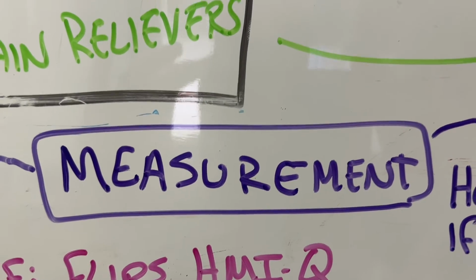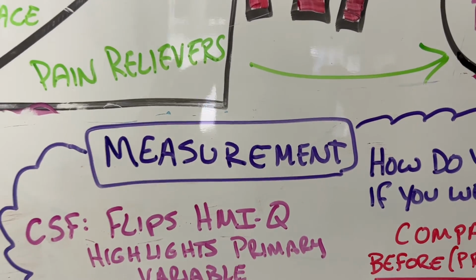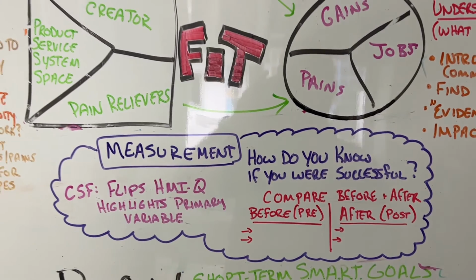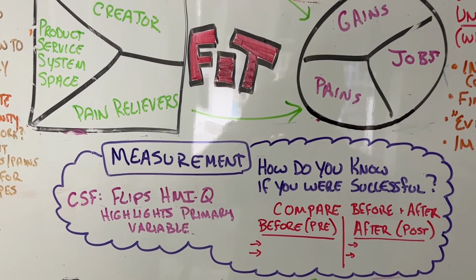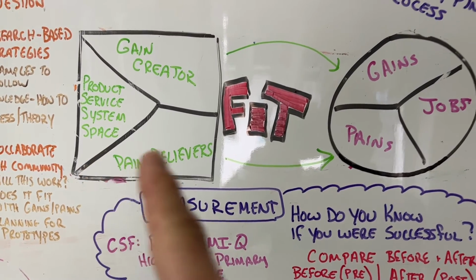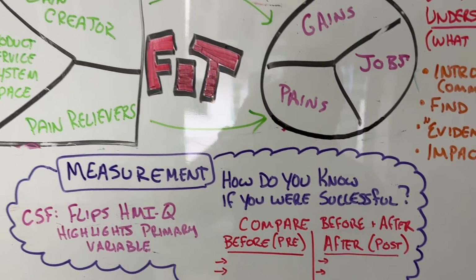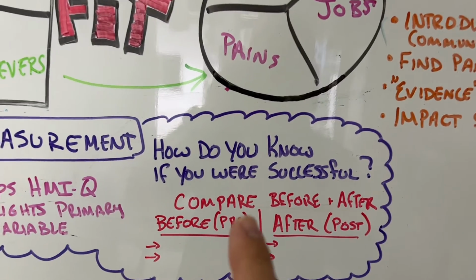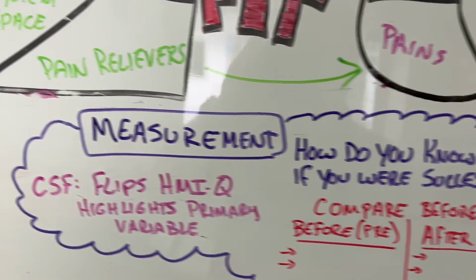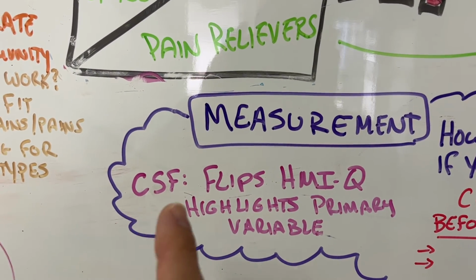All right, so then the last step of our capstone process is really measurement. All right, and so this is where we're really trying to make sure and prove that whatever we were able to create actually does fit with the community. All right, and so the big question you're answering is, how do you know if you were successful? All right, and so to start off the process, we start with something called our critical success factor.